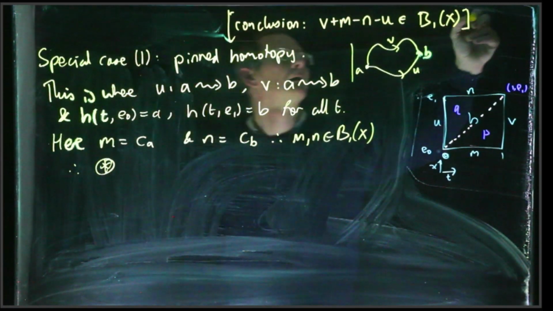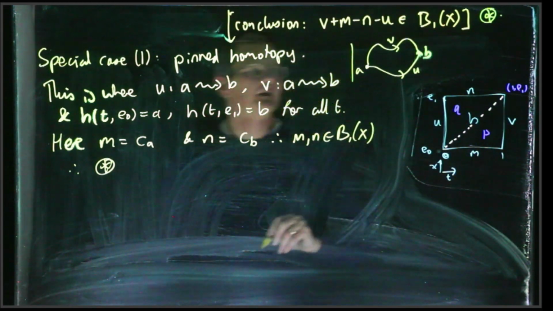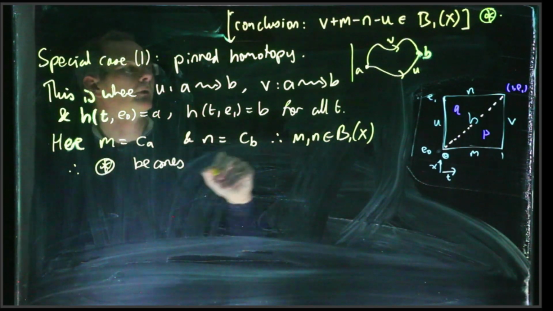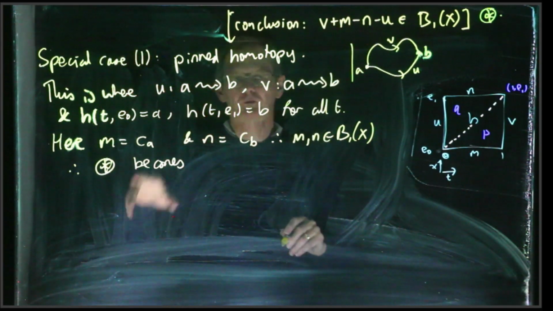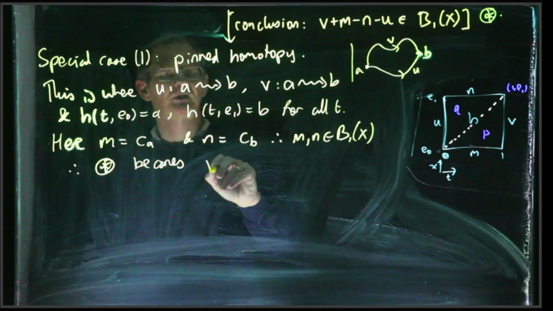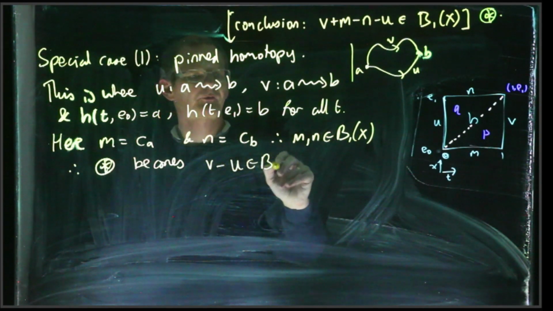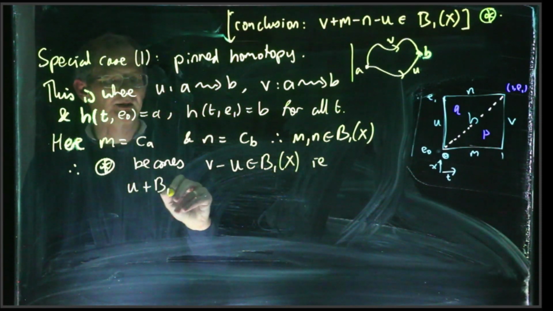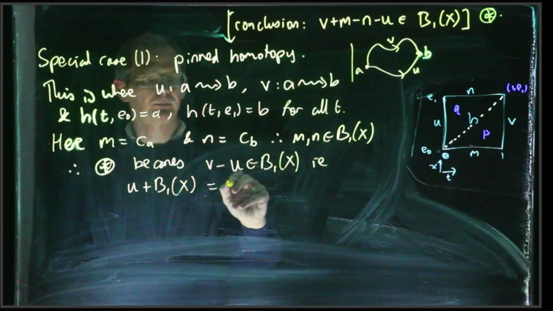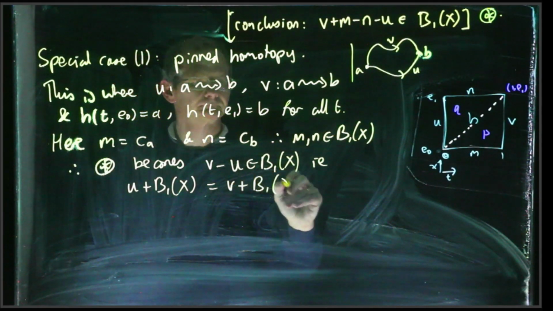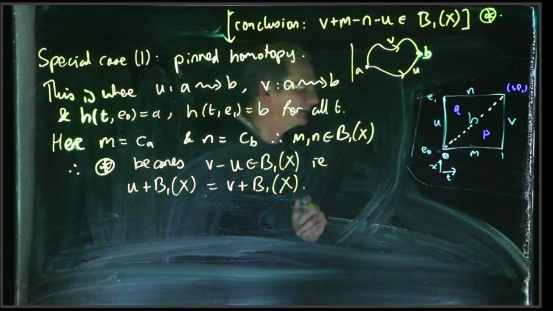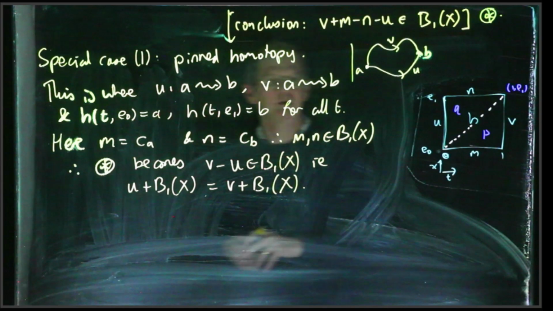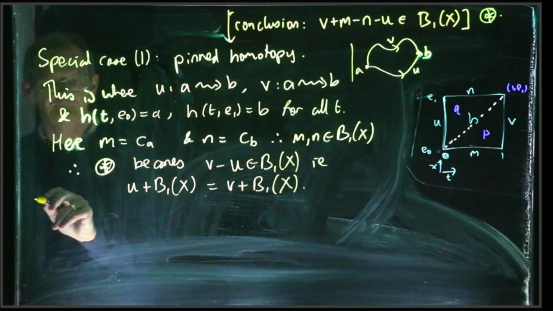So this relation star up here becomes, we can ignore the M and the N. It just tells us that V minus U is in B1X. In other words, the cosets U plus B1X and V plus B1X are the same. Okay. So the conclusion from that is that a pinned homotopy between paths doesn't change the homology class.